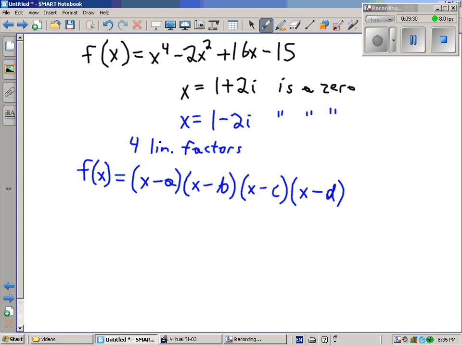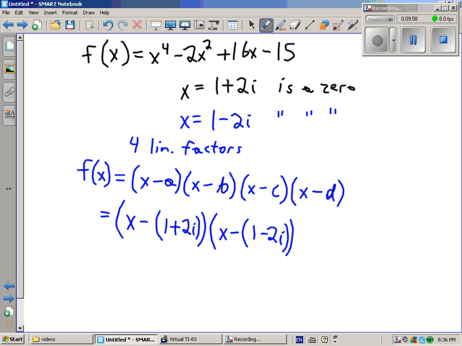Now we know 2 of our zeros, and when we plug these in, it's not very pretty, but mathematically we're still doing the exact same thing. x minus our first 0, which is 1 plus 2i, times x minus our second 0, which is 1 minus 2i. Then finally, our x minus c, x minus d.